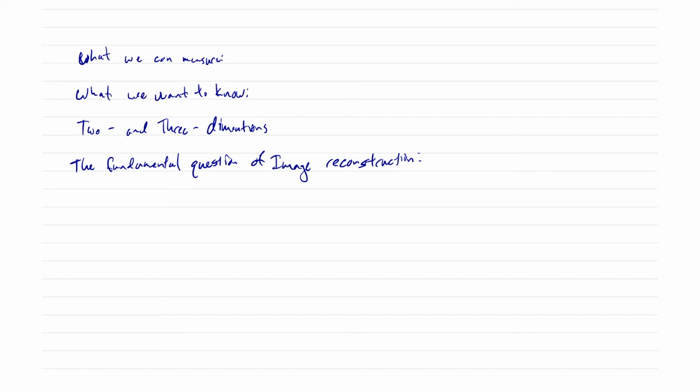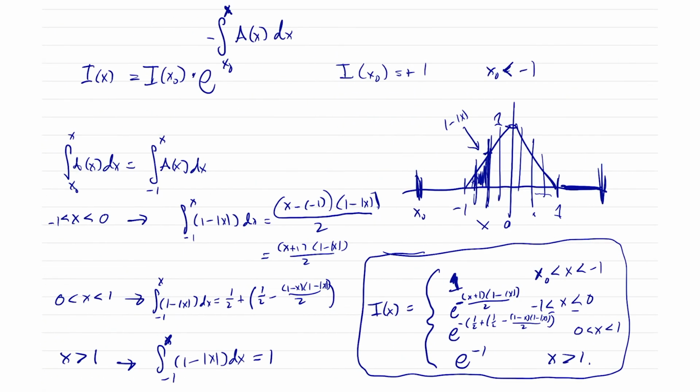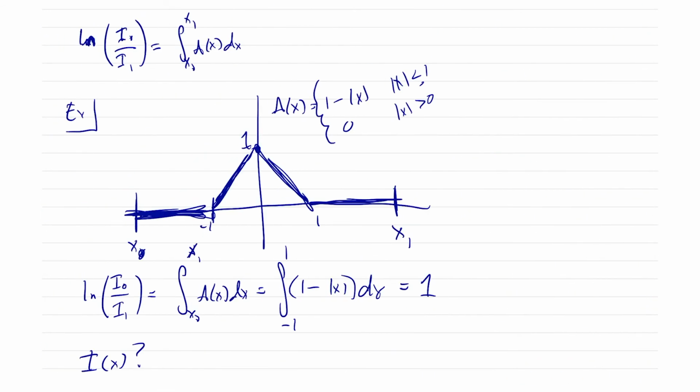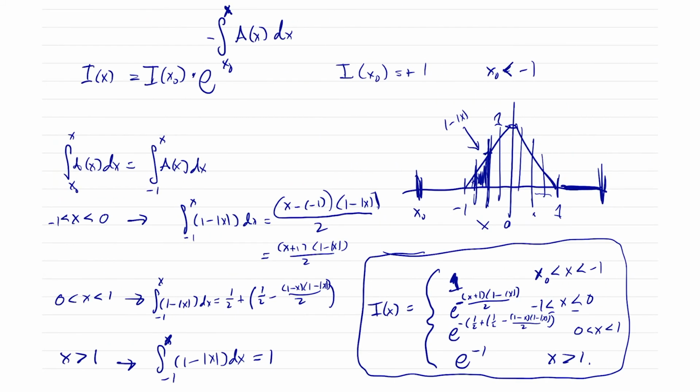Okay, so let's see. What can we measure? What we saw before, we couldn't actually pick up I of x. That's just not possible. With this one canned example where we knew that a of x was just 1 minus the absolute value of x, we could go ahead and compute it explicitly.